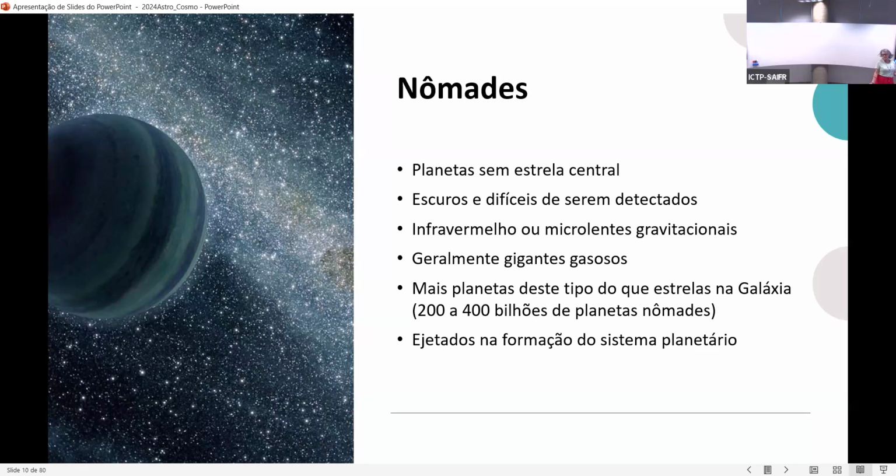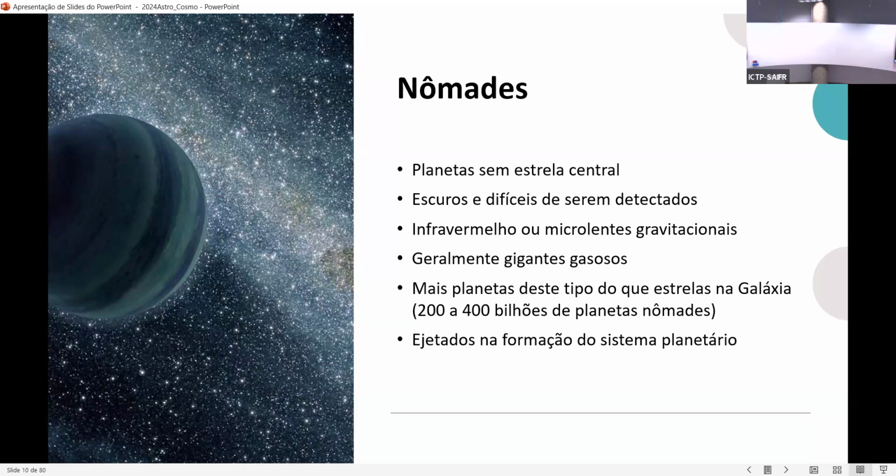But this is most likely detection bias because we cannot detect the smaller ones. And the estimate is that there are more planets of this type in the galaxy than there are stars. So we're talking about 200 to 400 billion planets, which are just floating through the Milky Way.